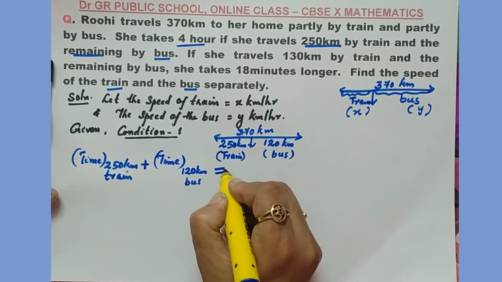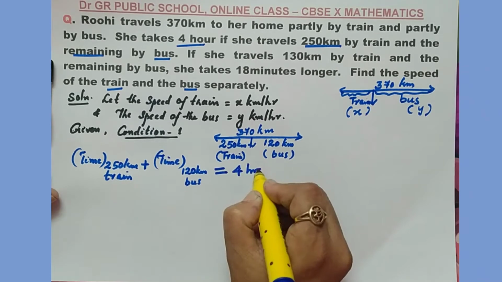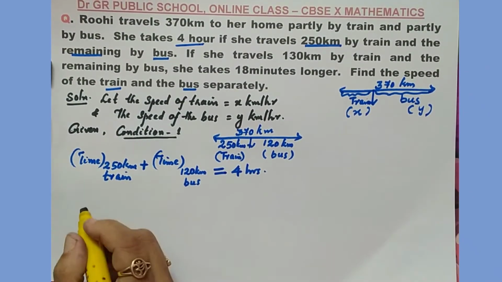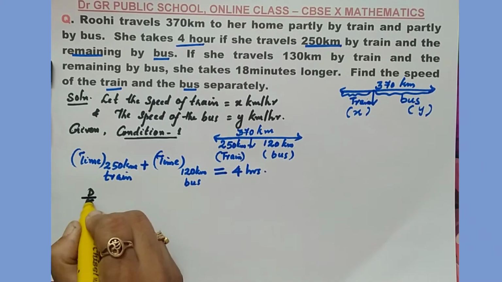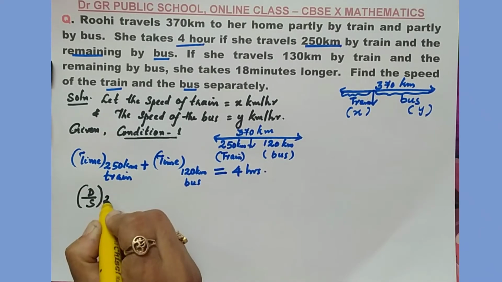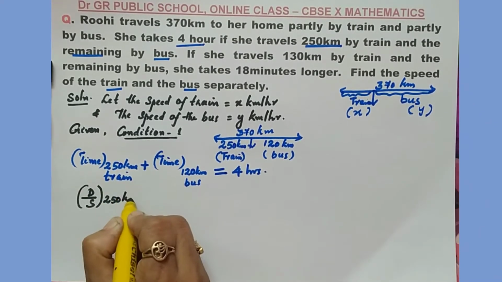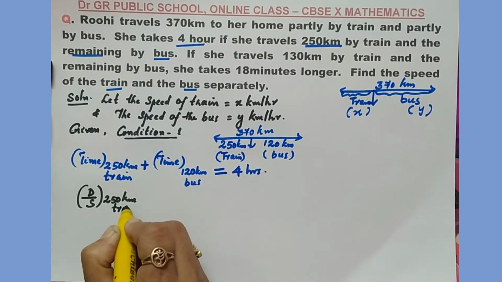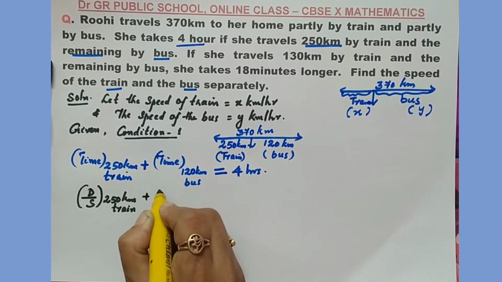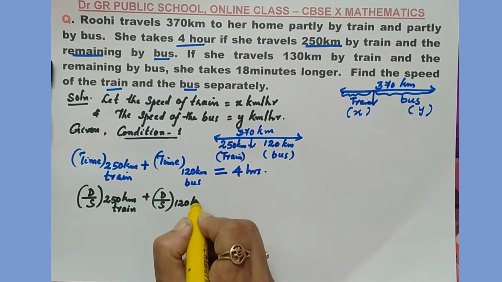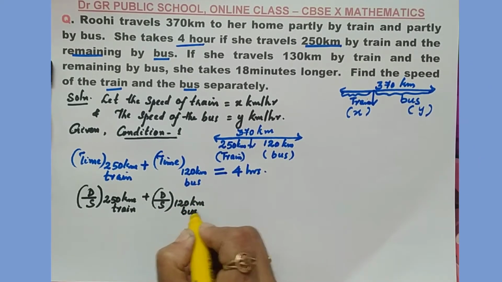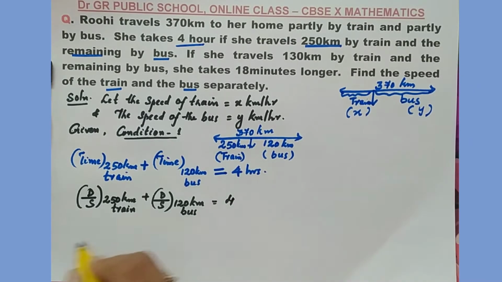This is given to us as 4 hours. What is the formula for finding time? Distance by speed. So the time for 250 kilometers by train plus the time for 120 kilometers by bus equals 4.